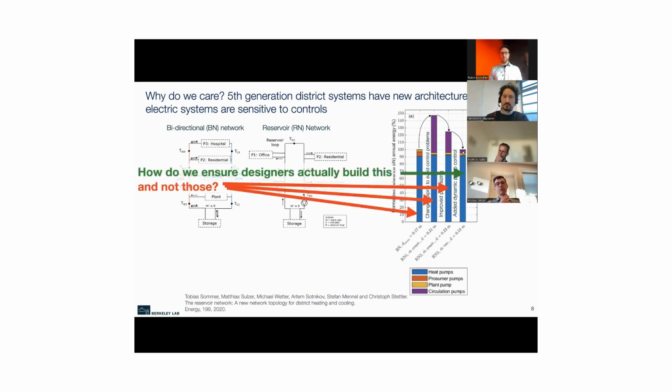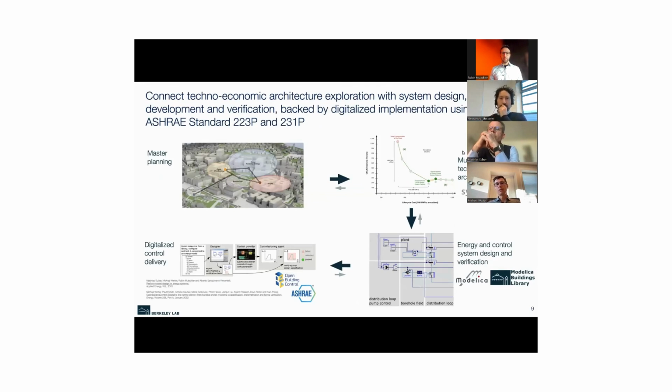So a key question is really, how do we ensure that designers actually build this system with the right control implemented, rather than one of the other variants of this reservoir network that has significantly higher energy consumption, so around 20 or 40% here.